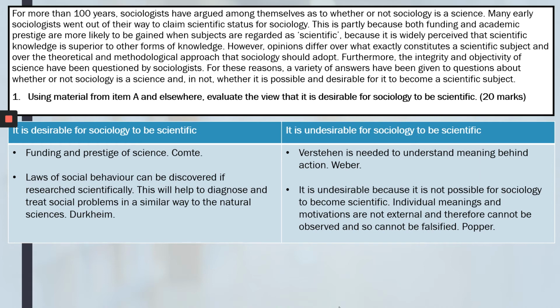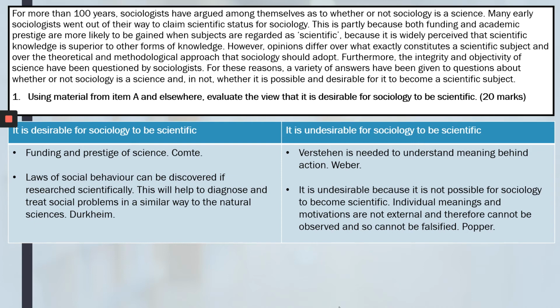If we study sociology in a scientific manner, we are essentially diagnosing and treating social problems in the same way you would in natural science. So diagnosing what the social problems and issues are, and then coming up with some treatment, so how you can solve those social problems.